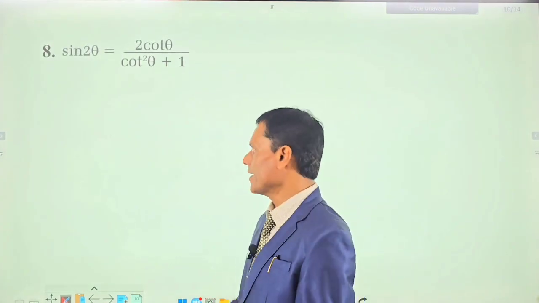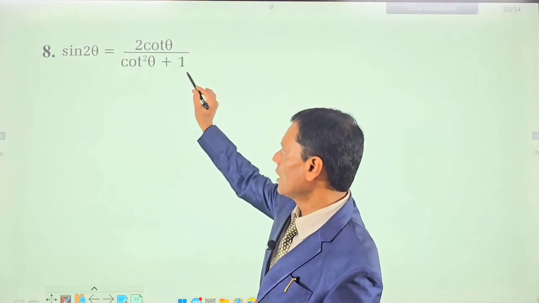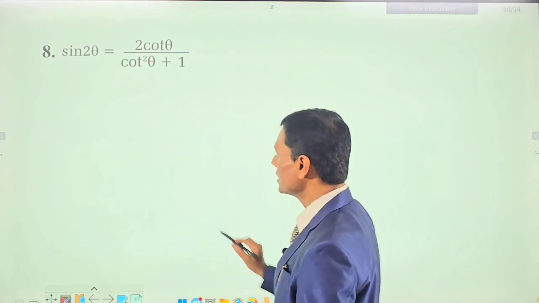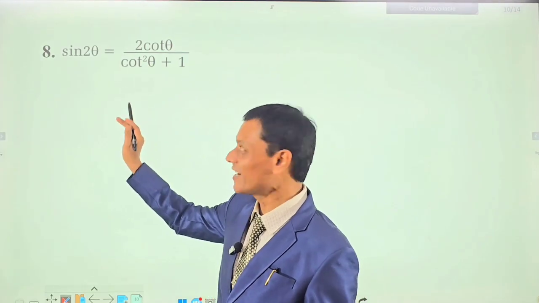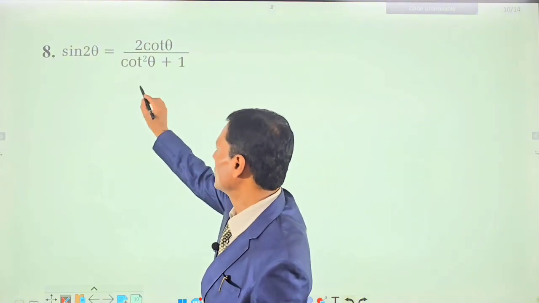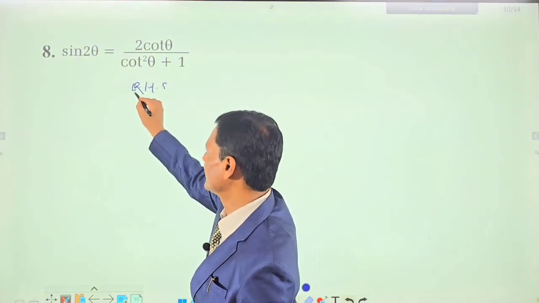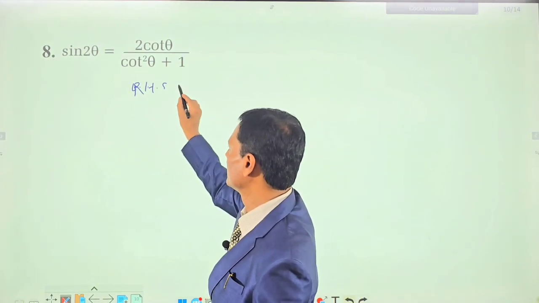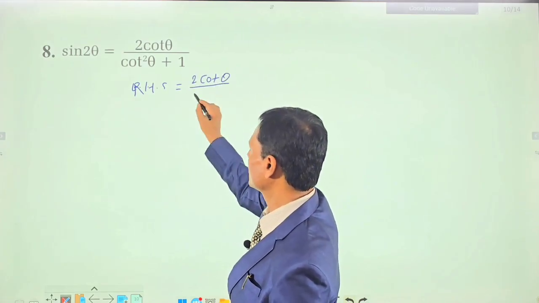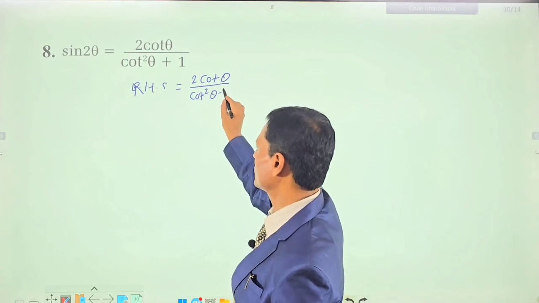Next identity we have sin 2 theta equals 2 cot theta over cot square theta plus 1. So in this case we are going to choose the right hand side because the right hand side is a little bit complex as compared to the left hand side. Right hand side equals 2 cot theta over cot square theta plus 1.